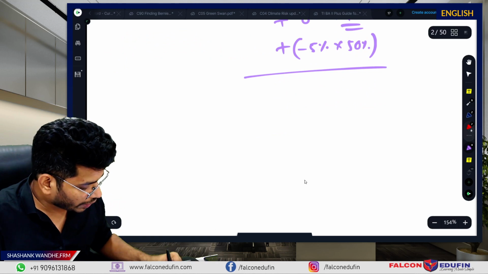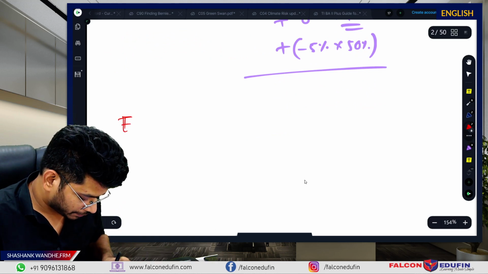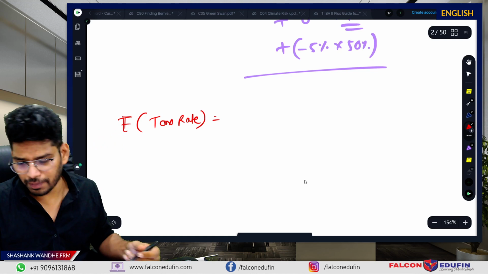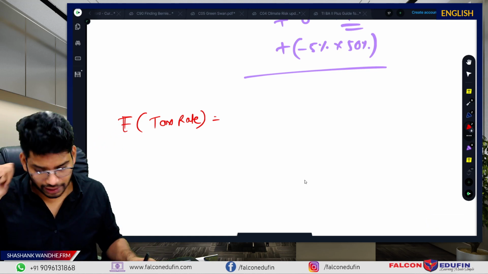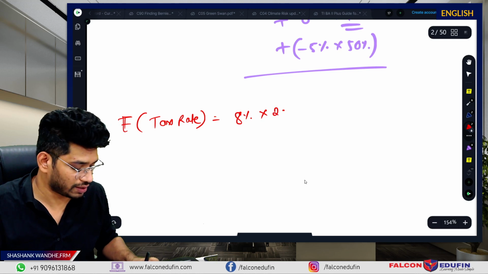Next, you can also calculate the expected tax rate change, or expected tax rate. Simple again, take the total probability and the rate. So 8% tax rate, what is the probability for this? This is 20%.